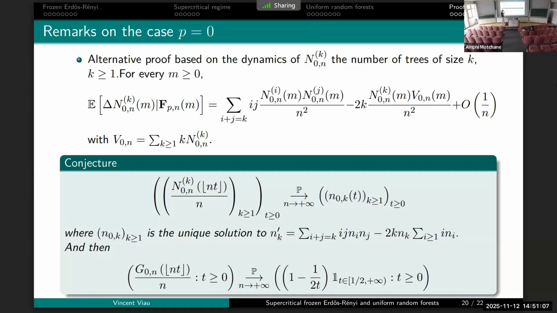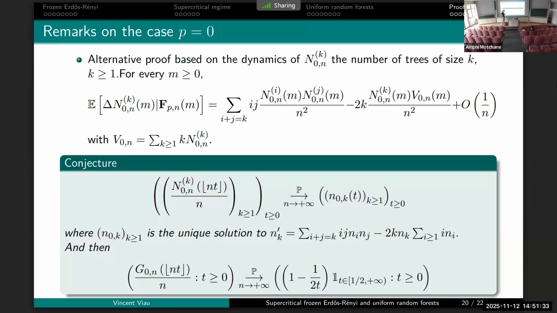And we also think that we can completely solve this system of differential equations and get the fluid limit result for the number of frozen vertices, converging to some function which is deterministic, but which is actually much simpler than in the case when p is positive.